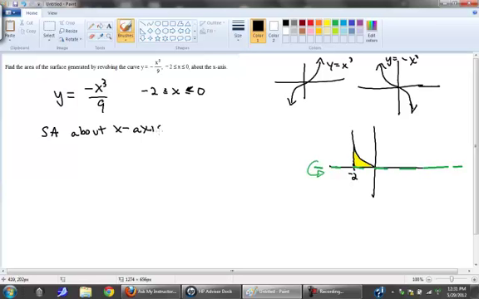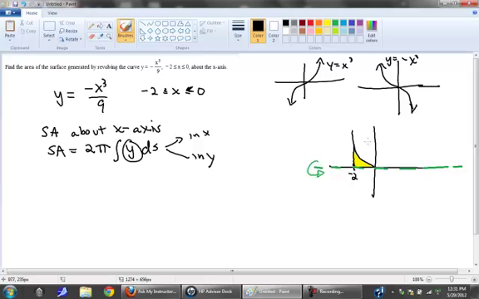The formula is 2 pi times the integral of y ds, where ds could be in x or in y, and that y can stay as a y, or it can flip and we replace it with the function of x. Let's try this as an x integral.